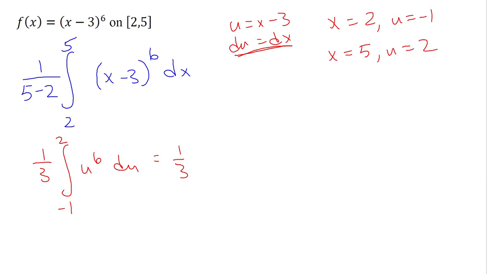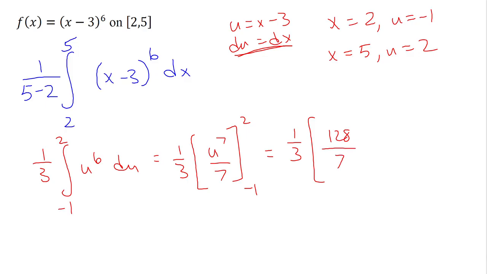So we have 1/3 of u to the 7th over 7 from negative 1 to 2. So we've now got 1/3 of 2 to the 7th. Well, 2 to the 7th is 128. So we have 128 sevenths minus, and then negative 1 to the 7th is negative 1.